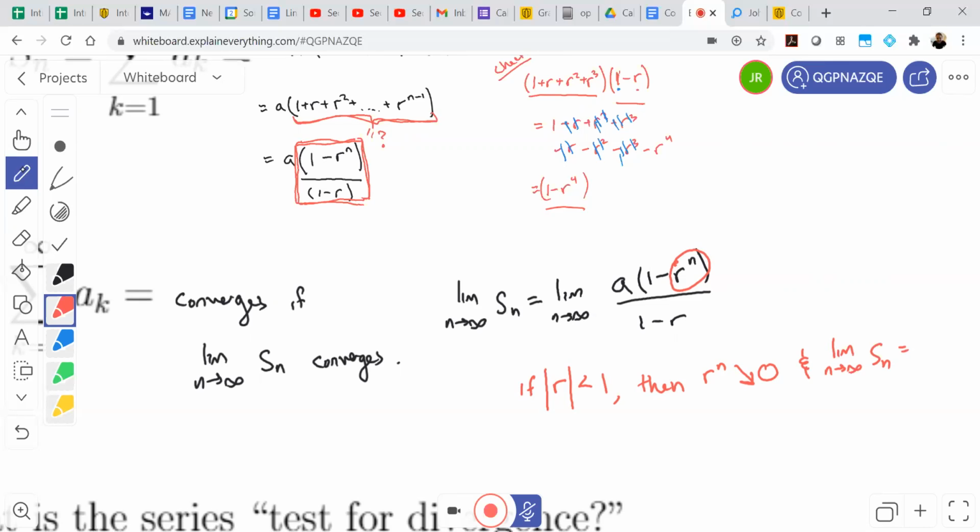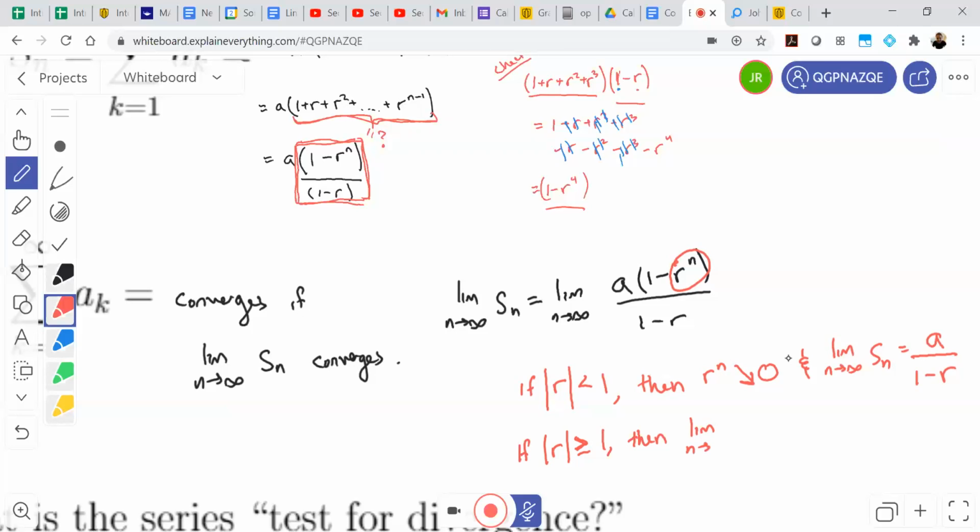to a times 1 minus 0 divided by 1 minus r. So we get a nice explicit formula for this quantity. At the same time, if our r value is too big, and here we'll say if r in absolute value terms is bigger than or equal to 1, then this limit of partial sums does not exist, right?